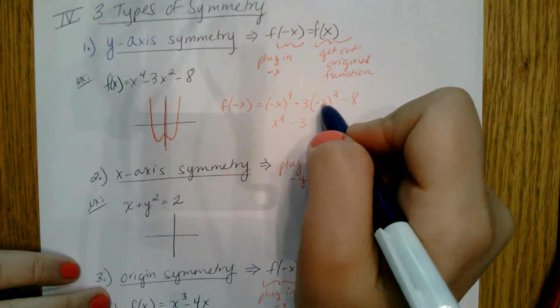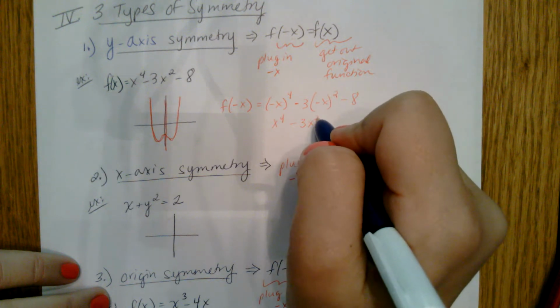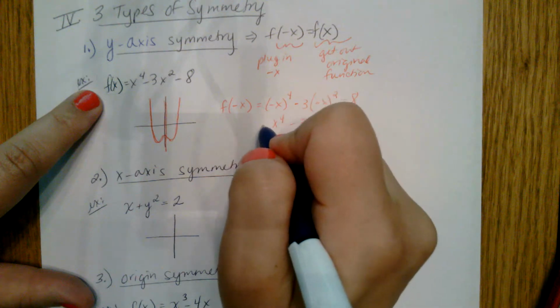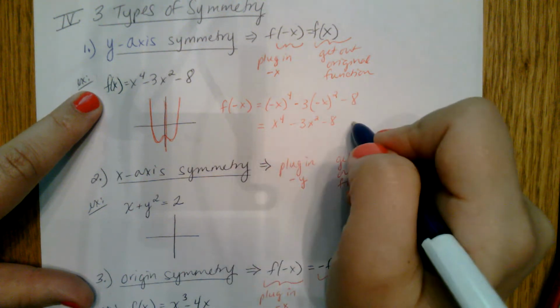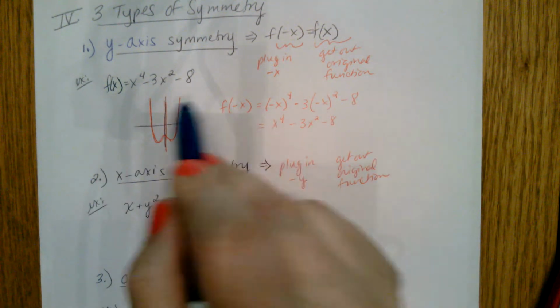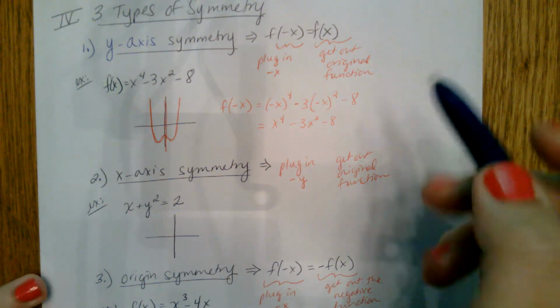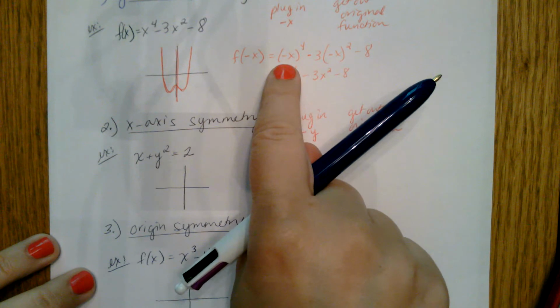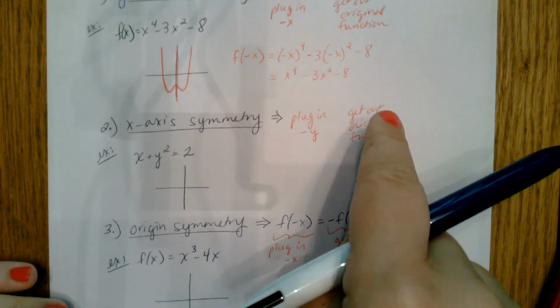Same thing here. If you square it, it comes out to be positive, minus 8. Oh, isn't that what the original function is? That's the original function. So that's how you know it has y-axis symmetry. So 2 ways. You can look at the graph, or plug in negative x and get out the original function.